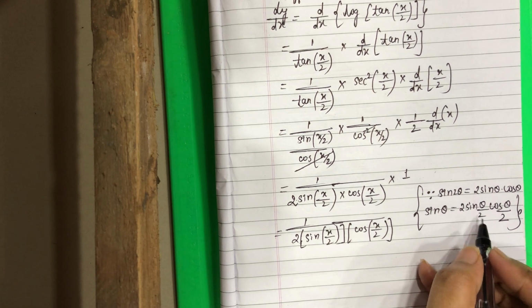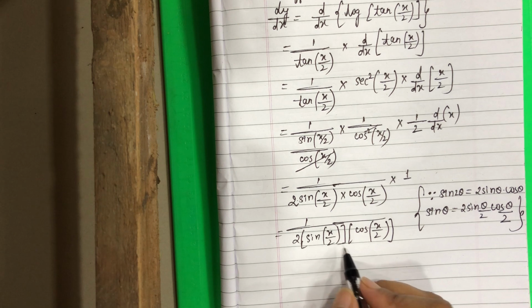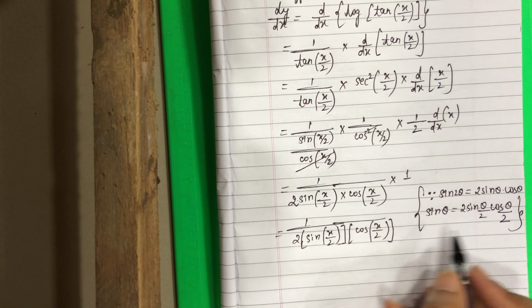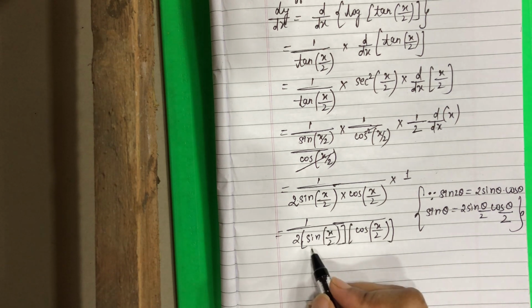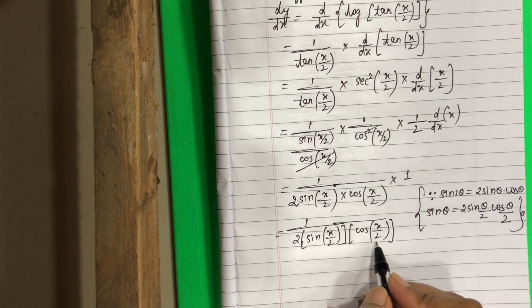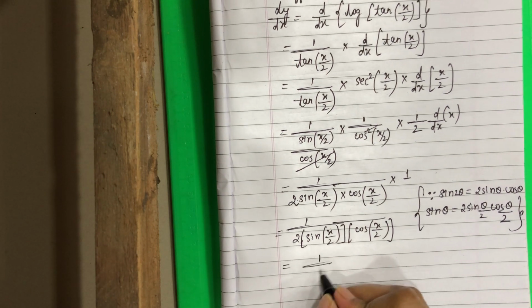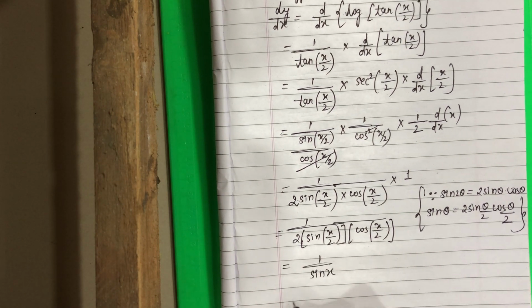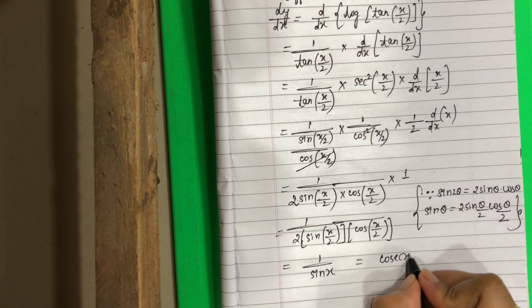So using this formula here in the denominator, this is the same term 2 sine x by 2 cos x by 2. In place of theta we are having x. So in place of 2 sine x by 2 cos x by 2, we can write sine x. So this gives you 1 upon sine x, and 1 upon sine x is cosec x.